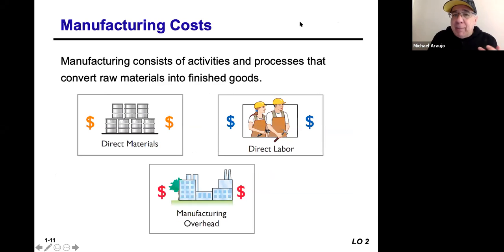You learned about manufacturing costs being in 3 categories: direct materials, so they need to buy raw materials; direct labor; and what we call manufacturing overhead costs. Anything revolving around making a product would be part of the manufacturing costs.